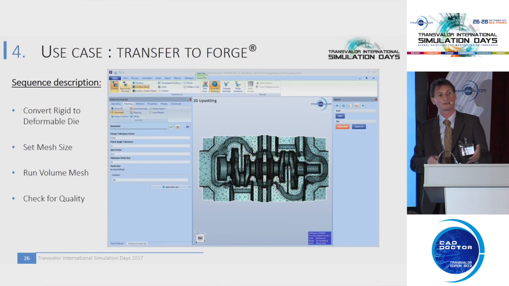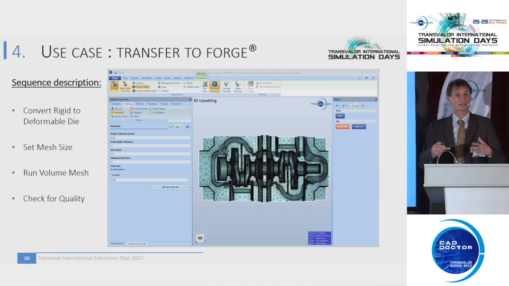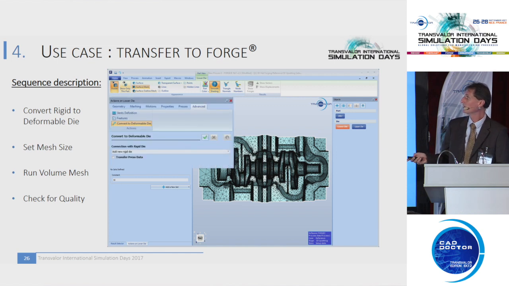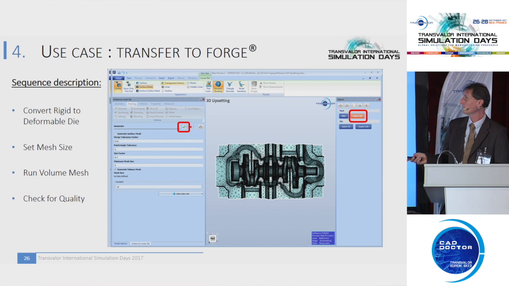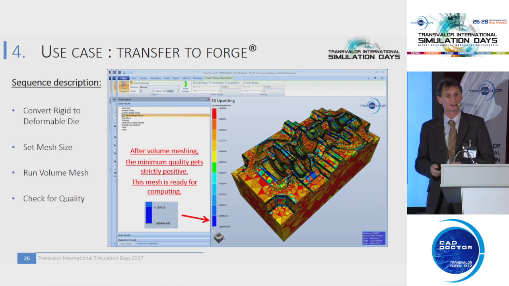Some of you are performing deformable dies calculation. So in that case, you need to remesh the die as a solid. So we can use the conversion from rigid to deformable, and then go through the step for performing the volumic mesh. And this time we get a solid mesh for the die.